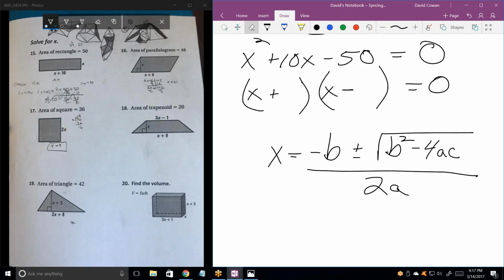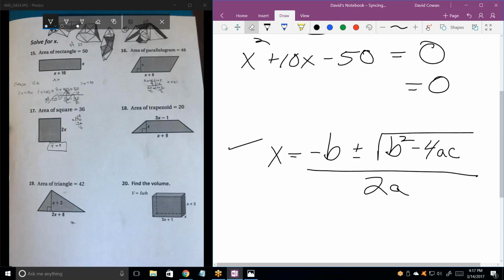I found 25 and 2, that doesn't. I found 5 and 10, which doesn't. And there's nowhere else to go. There's no other factors of 50. So what that means is you have to go to the quadratic formula. Now, when you go to the quadratic formula, you're not really factoring. What you're doing is solving for x.